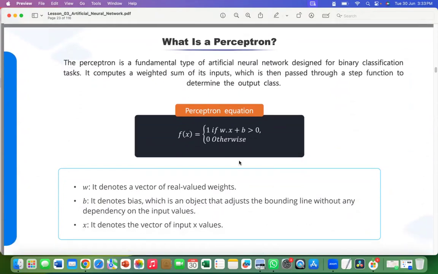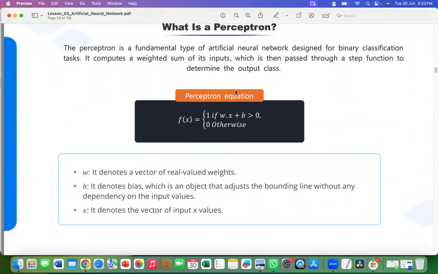What is a perceptron? The perceptron is a fundamental type of artificial neural network designed for binary classification tasks. It computes a weighted sum of inputs, and this is passed through a step function to determine the output class.